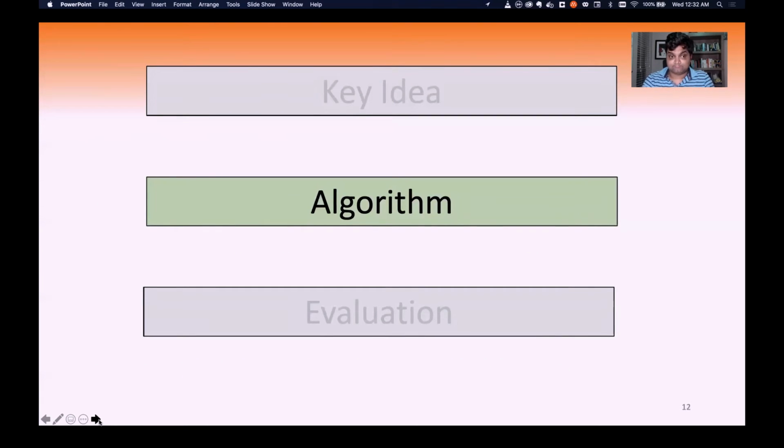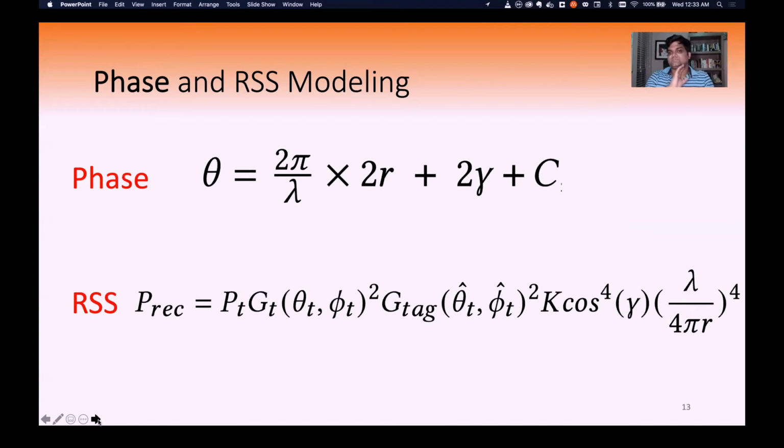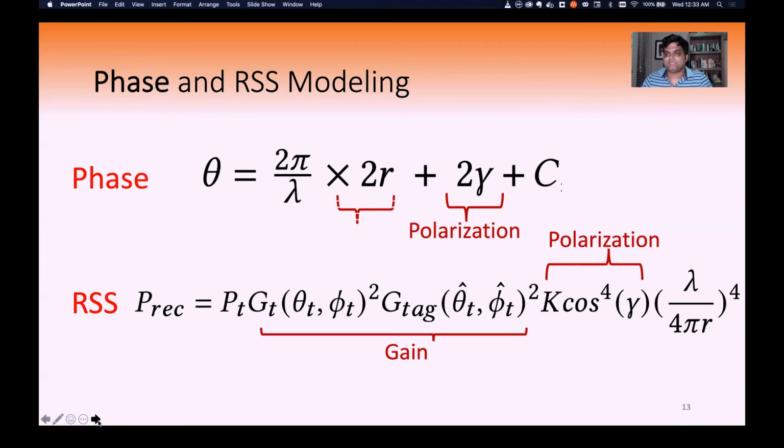And as I said, the key idea roadmap is like this, and I can go a little deeper on each of the things. As I said, we use modeling parameters, which are the phase and the RSS, which is a function of the distance, polarization, and the gamma and the gain of the reader and the tag.